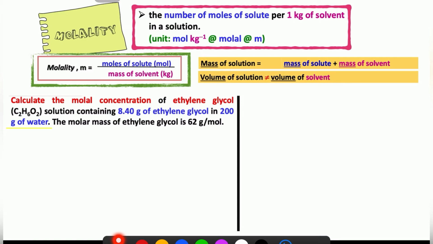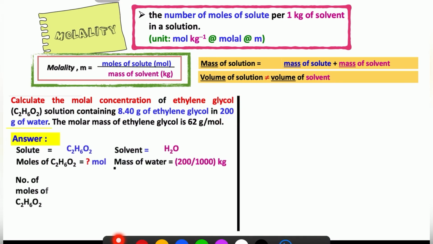So the ethylene glycol solution contains 8.4 gram ethylene glycol. This is the solute. And 200 gram of water is the mass of solvent. Because it gives you the mass of ethylene glycol, you need to find the number of moles of ethylene glycol: mass over molar mass. So this is the moles of the ethylene glycol.